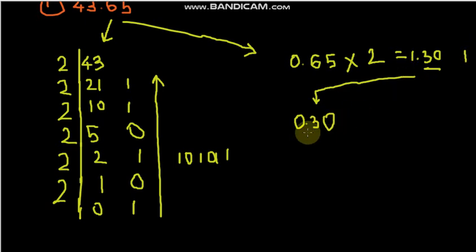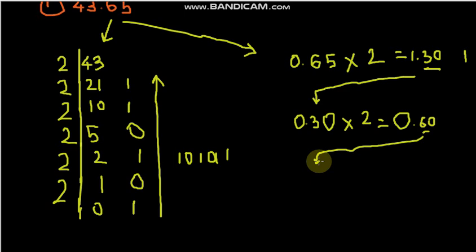Now again multiplying 0.30 by 2, we get 0.60. We write this 0.60 again on the left hand side, and this 0 on the right hand side, that is 0.